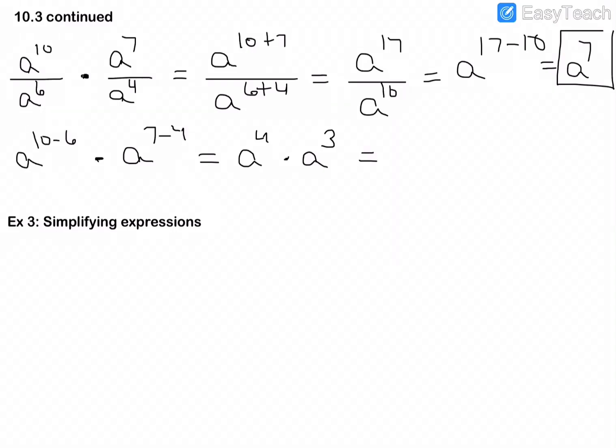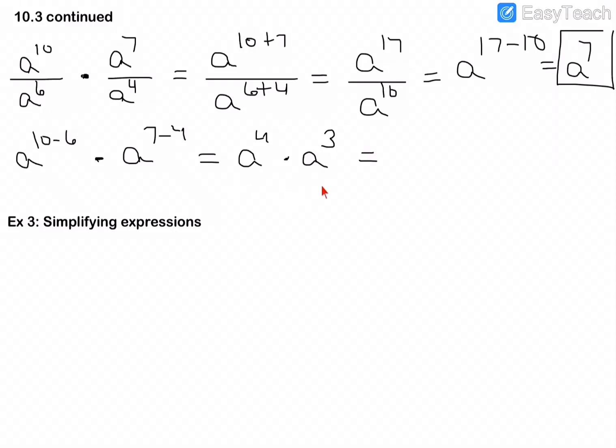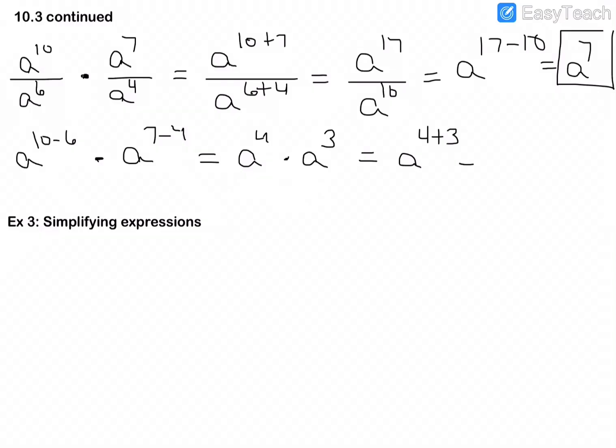Now I'm multiplying with the same base, so I add my exponents. A to the 4 plus 3 equals a to the 7th power.